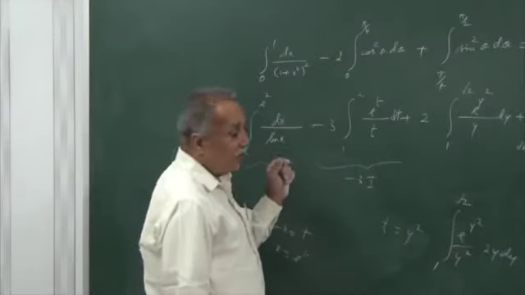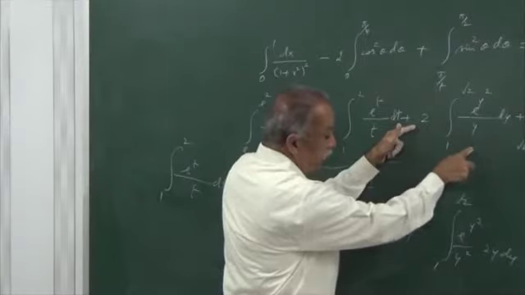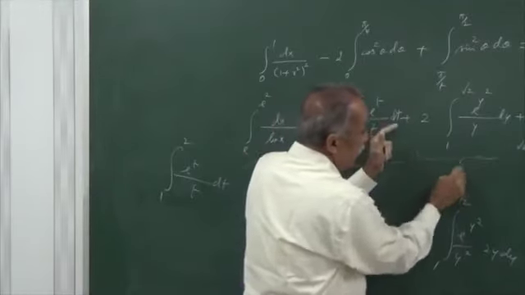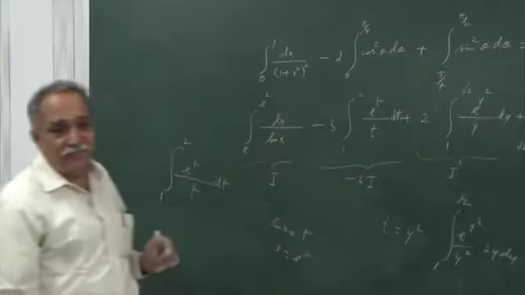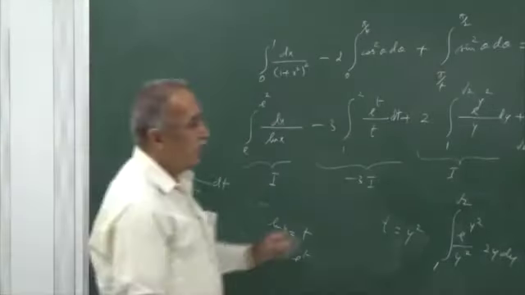Therefore, integral 2 into e power y square by y dy between 1 and root 2. This whole thing will be equal to I, including the coefficient 2. Okay, what about the last?